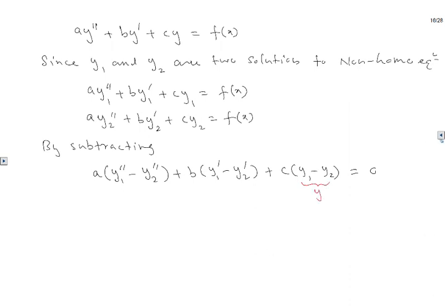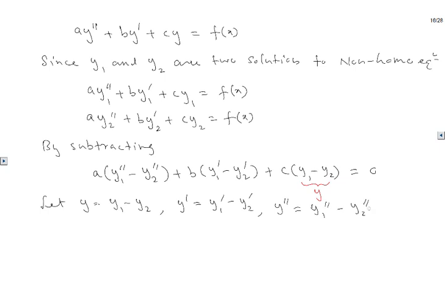Let y equal y1 minus y2. Then you can take the derivative: y prime becomes y1 prime minus y2 prime, and y double prime becomes y1 double prime minus y2 double prime. So we can plug that into the equation.